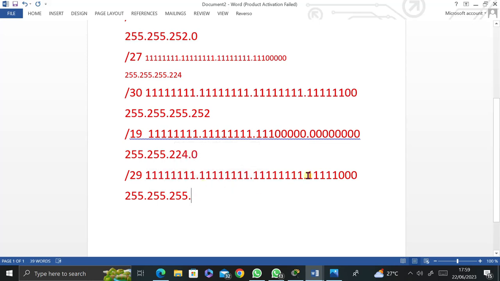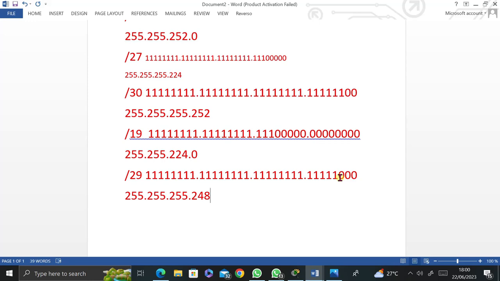We'll add 128, 64, 32, 16, and 8. So it will be equal to 248.